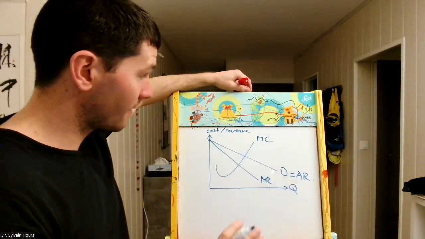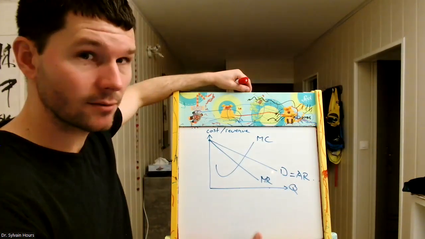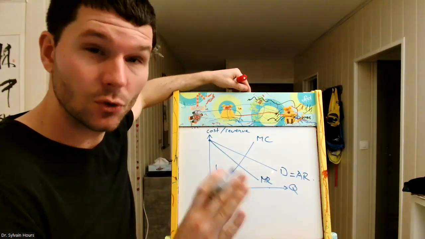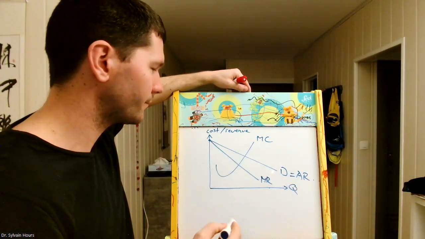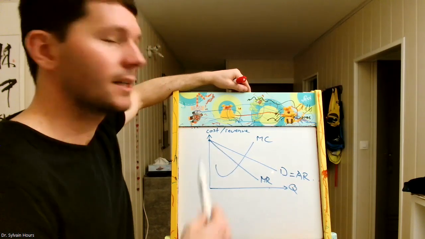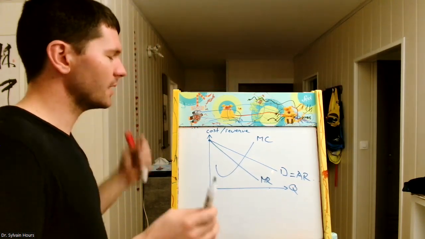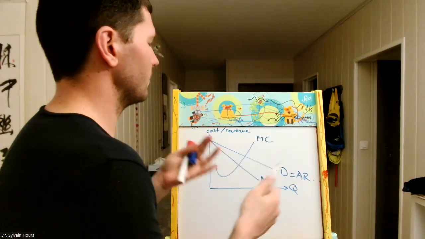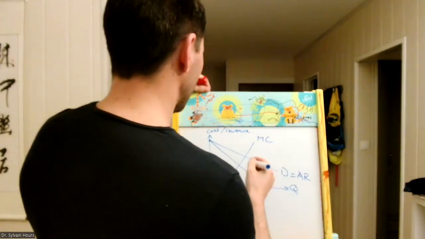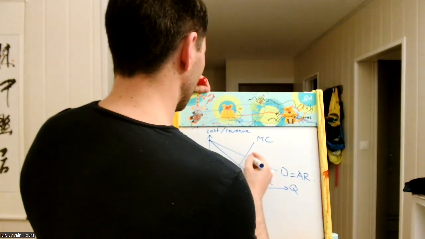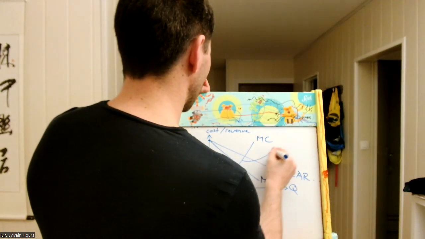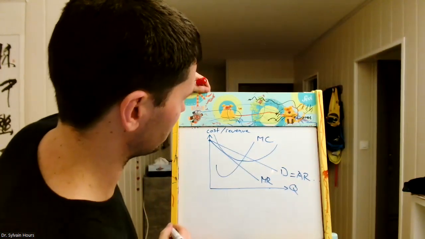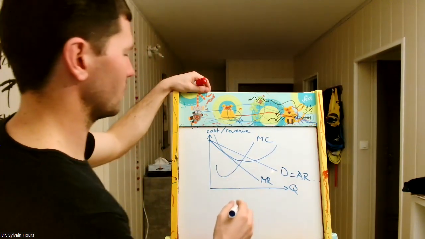I have MC, I have MR, so I could already identify the optimum, but I also want to add the average total cost curve so that we can show the profit. Again, I'll show you different cases here. I'll initially assume the ATC, how am I going to do that? Let's say that. Okay, not amazing, but that's going to work.